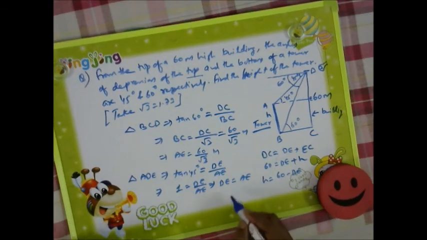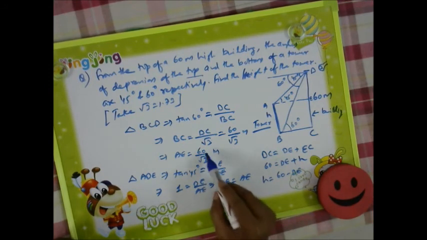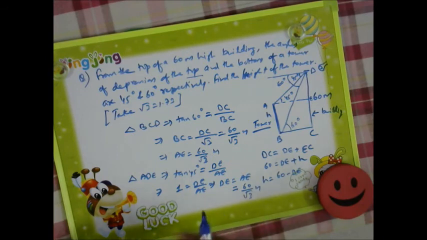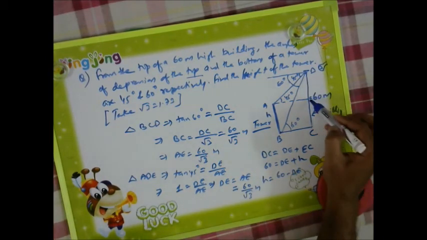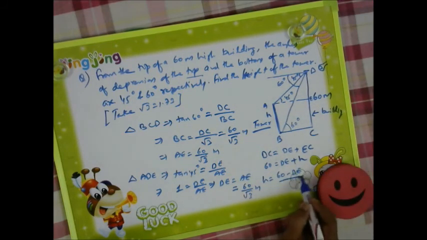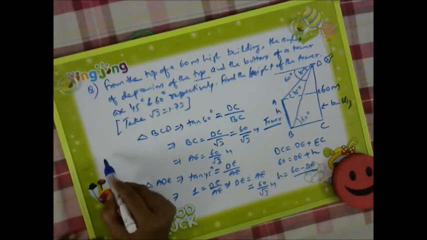We do not know DE, but AE we know: AE is 60 by root 3 meter. So DE is 60 by root 3, and from here we will be able to find h.